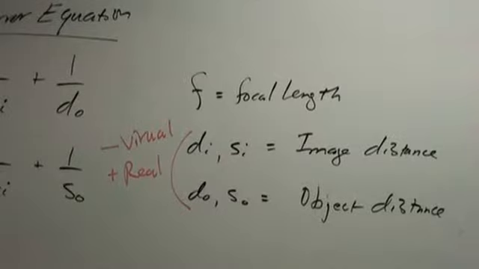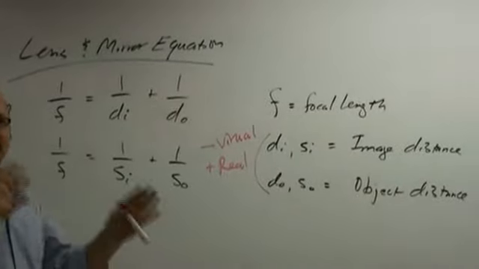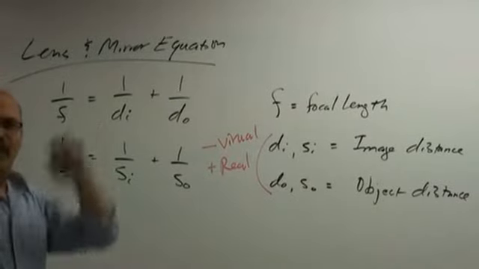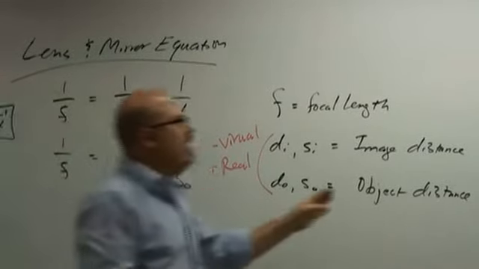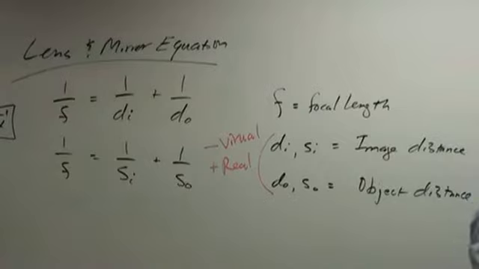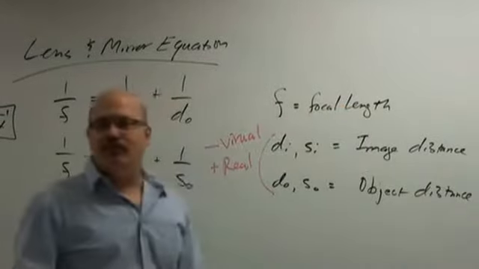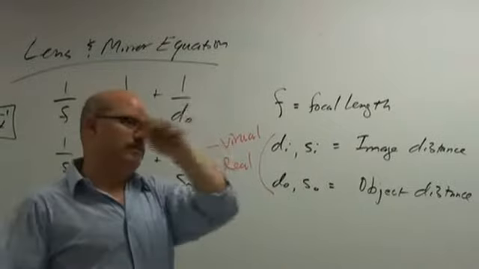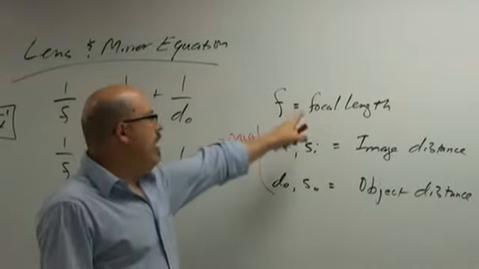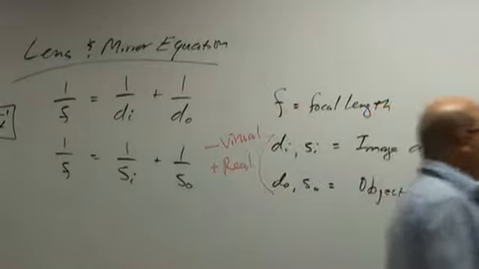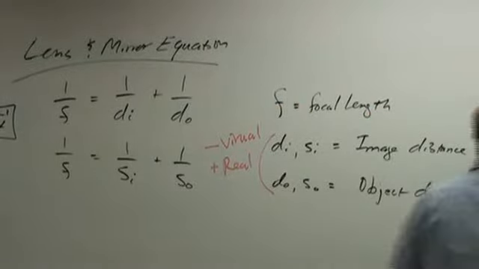Every time we have a scalar, the sign is really important because the sign tells you something, like if it's above or below a certain reference point, in this case whether it's to the right or left of the lens: virtual or real. In vectors, plus and minus means direction. All right, now let's work the same problem for this lens.